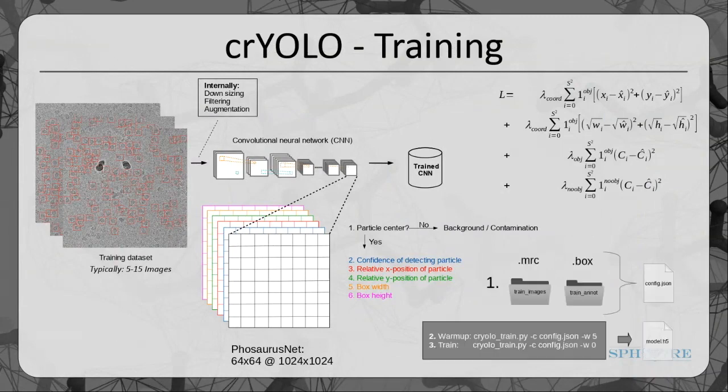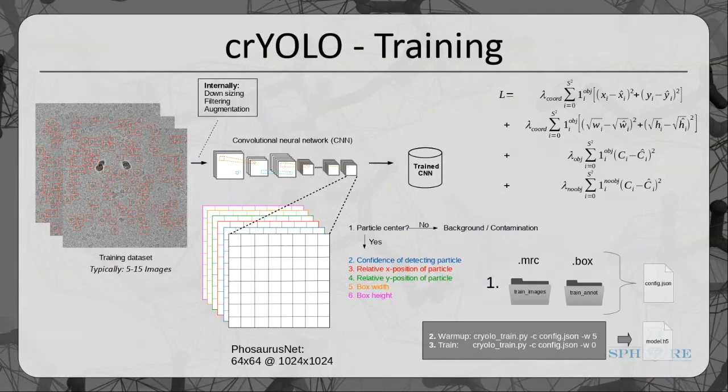The actual training of crYOLO is pretty easy. You put your training images into one folder and the box files into another folder. Then you specify the paths of the folders with the images and with the annotations in a config file. The second step is to run a warm-up of your network, which is only a couple of epochs, and it basically ignores the estimation of width and height.